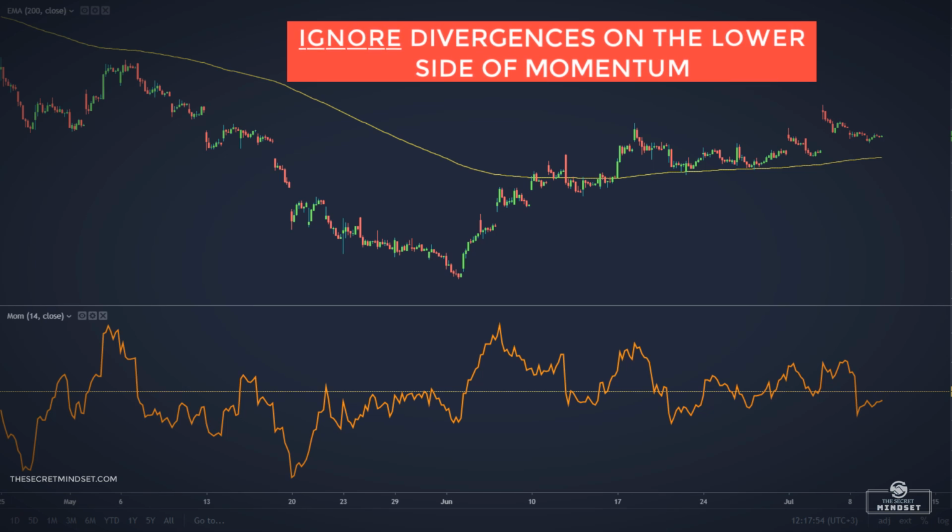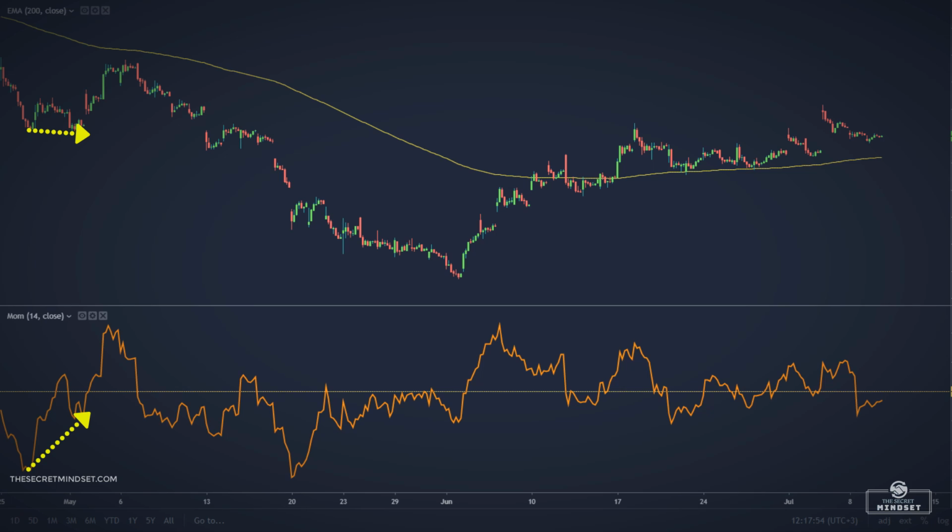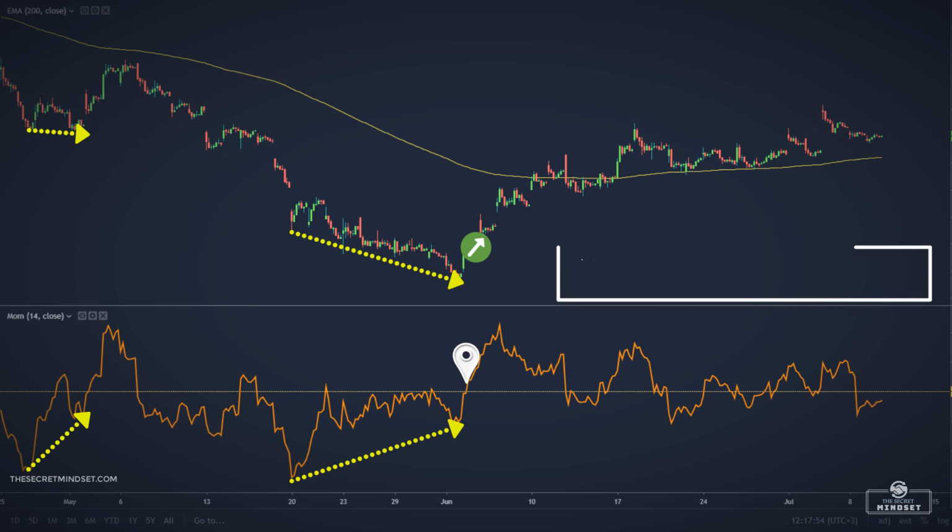Also, I know you will be tempted to take regular divergences on the lower side of the momentum. I noticed this divergence here, and yes, it was a good divergence trade, and another one here, with a potential entry here, a perfect trade, almost catching the market bottom. However, I trained myself to ignore the signals that aren't in line with the main trend.